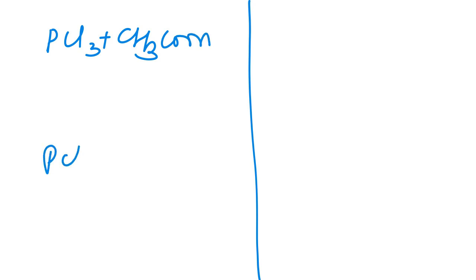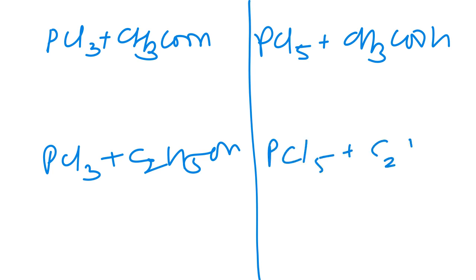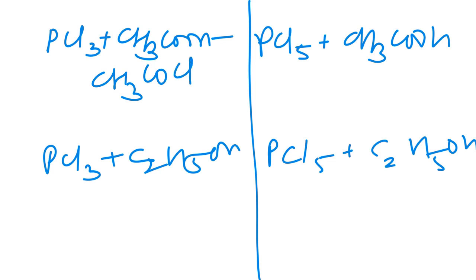PCl3 reacts with acetic acid and PCl3 reacts with alcohol. Similarly, PCl5 reacts with acetic acid and PCl5 reacts with alcohol. So this will form acetyl chloride.